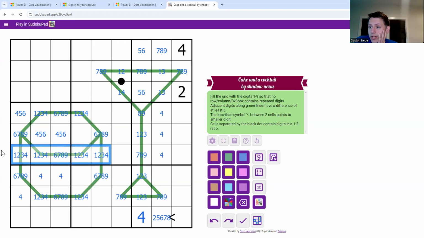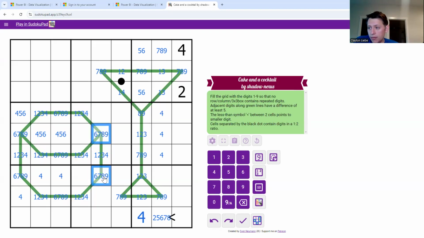Because now we know we need a 4 here. And it doesn't have a ton of spots it can go. This can't be a 4. It would force double 9s in the same row. This can't be a 4. Force double 9s in the same box. Neither can that. So we actually get a 4. Which means we get double 9s. So this is no longer a 9. This is no longer a 4.